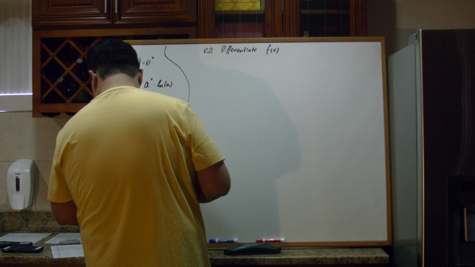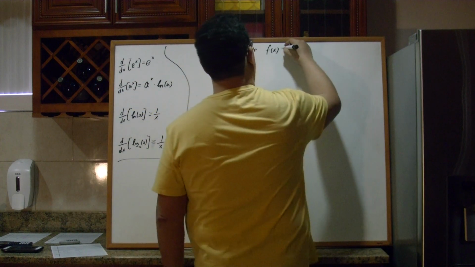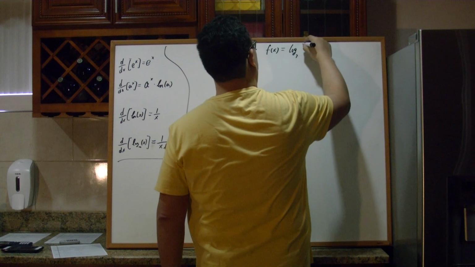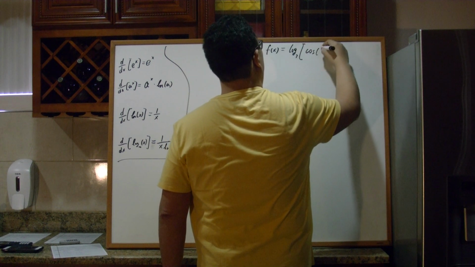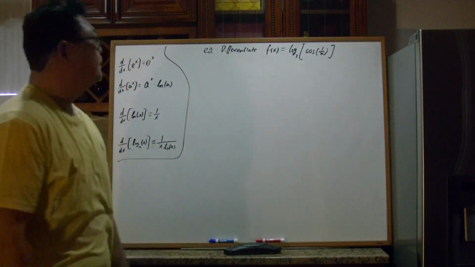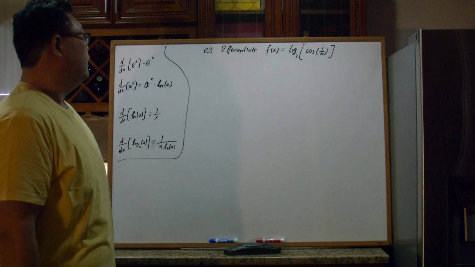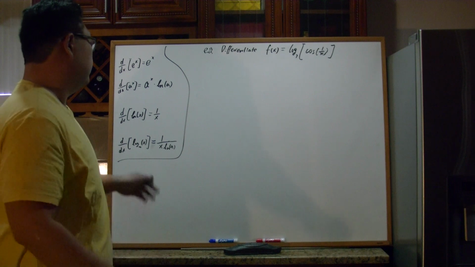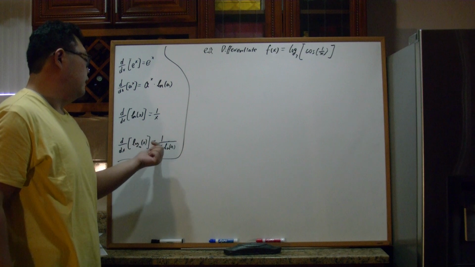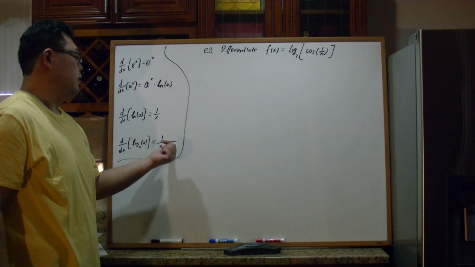Oh, let's see the next example about the logarithmic. Log base 7 of cosine 1 over x. Alright, so the derivative, apply the formula that it will be 1 over x times natural log of a.